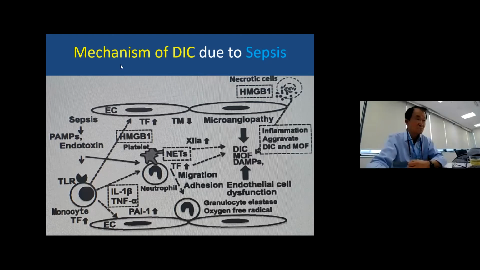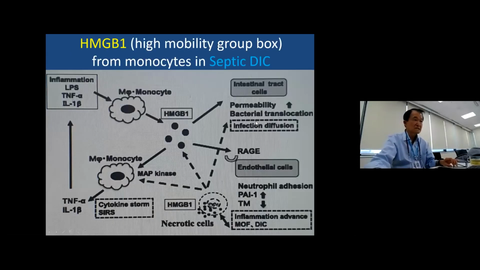So this is one of the major clinical problems. Microangiopathy affects the heart and the brain, every place. The multi-organ failure. That's a high mobility group box 1.